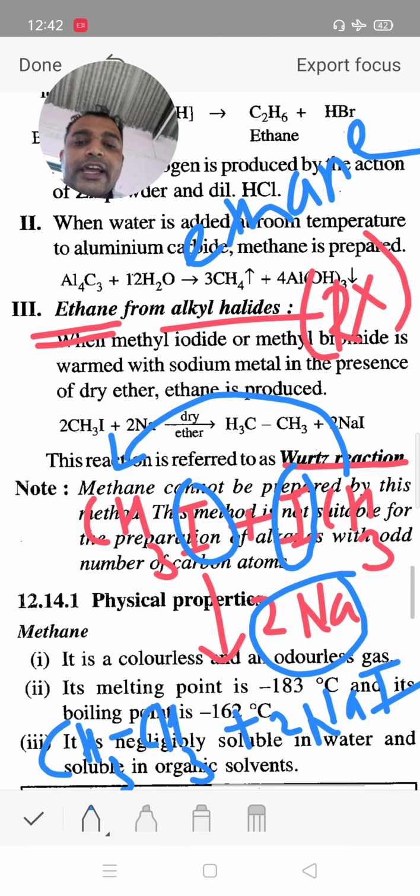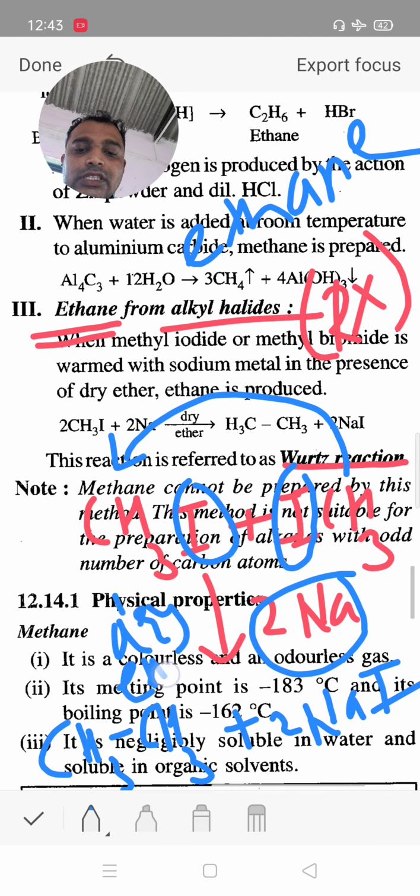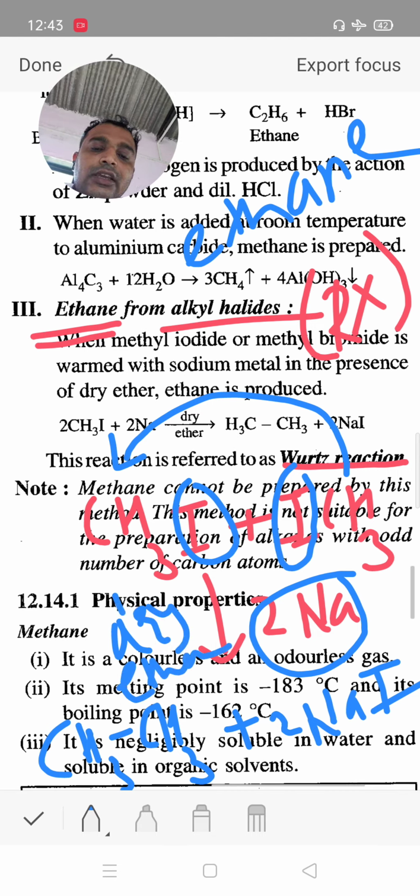This is the Wurtz reaction, when 2 molecules of methyl iodide react with sodium metal to give ethane. It is used for preparation of higher alkanes in the presence of dry ether. Students, take methyl iodide 2 times, react with sodium metal in the presence of dry ether, it gives ethane.